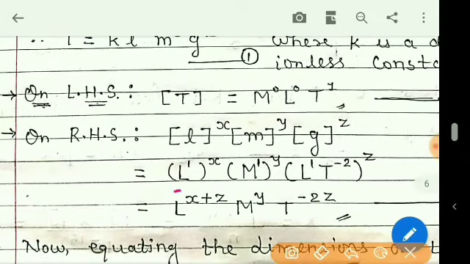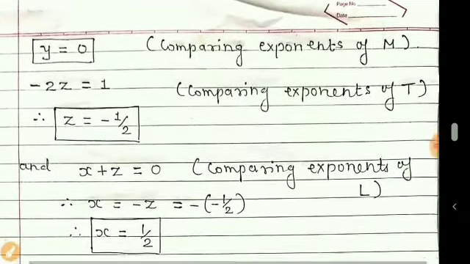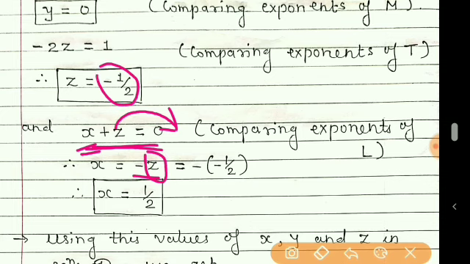Then only L remains to compare. Here the power of L is x plus z and here it is 0. So we can say that x plus z is equal to 0. And so what is x? We can bring this z to this side, so it will become minus z, but the value of z is minus 1 by 2.